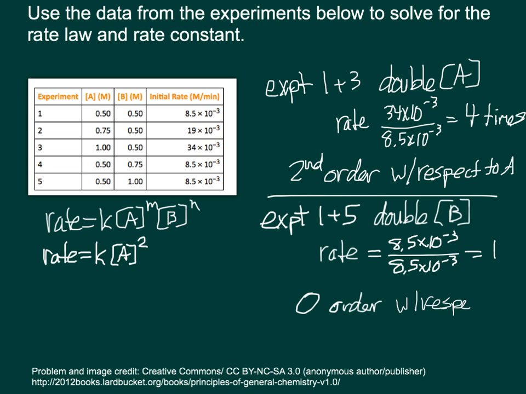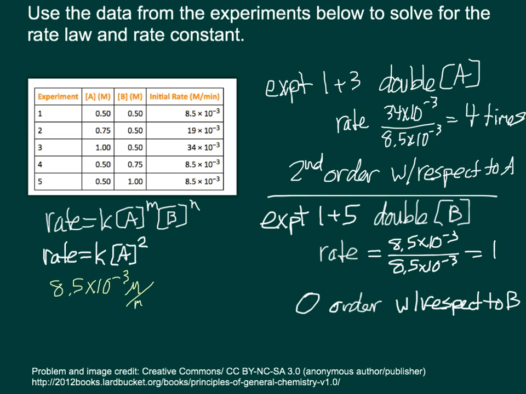Therefore, if we want to find out the rate constant, all we need to do is plug in one of these experiments and solve for K. So we'll just use experiment 1 here and say 8.5 times 10 to the negative third molarity per minute is equal to K times concentration of A, 0.50 molar squared.